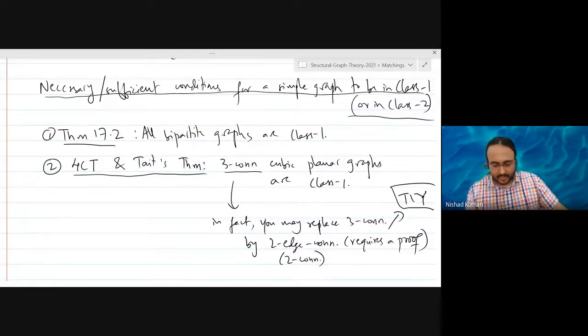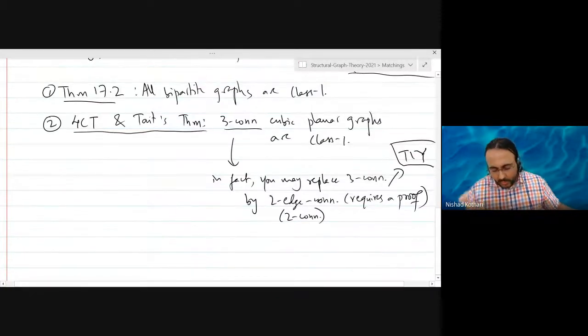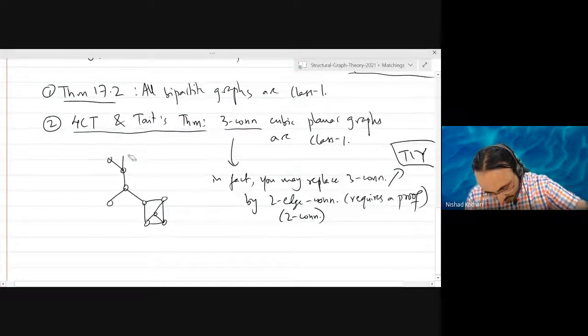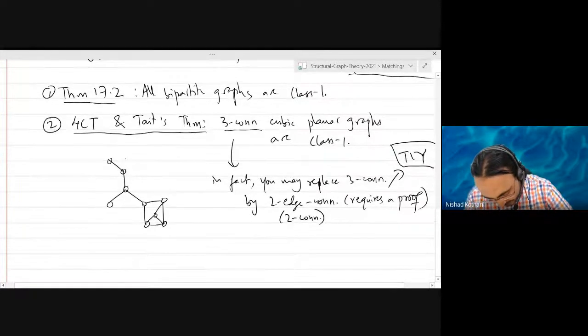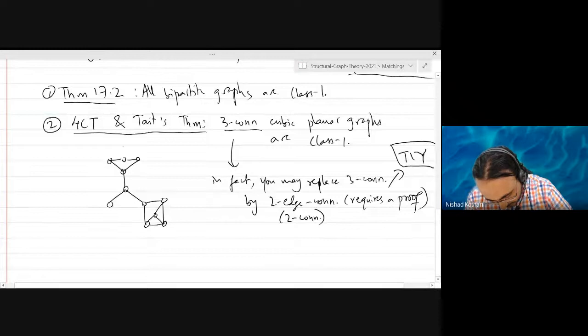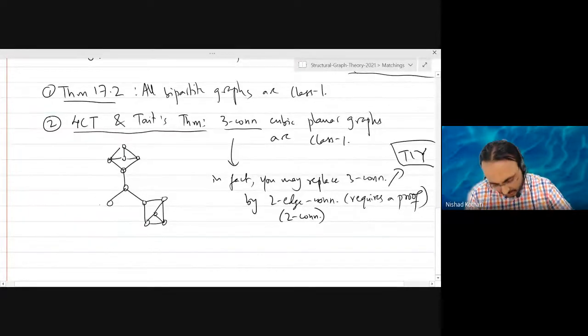So why can't you say it for all cubic planar graphs? You might remember we saw a graph yesterday which does not have a perfect matching. If it does not have a perfect matching, then how can it be three edge colorable?